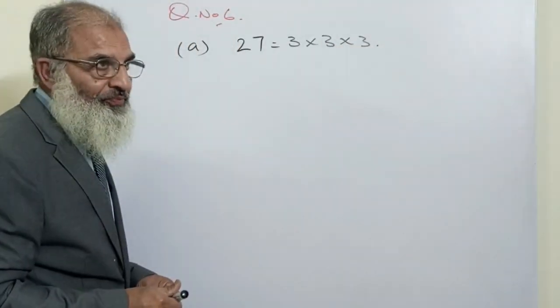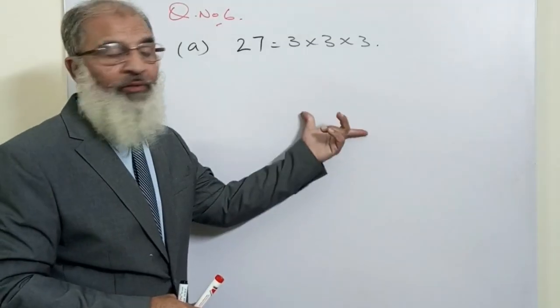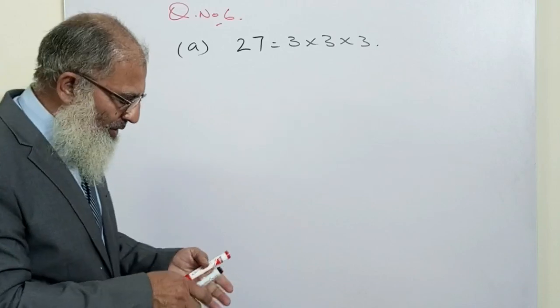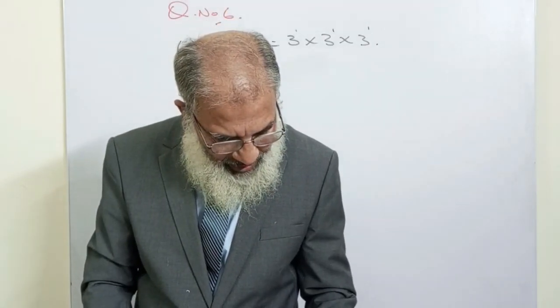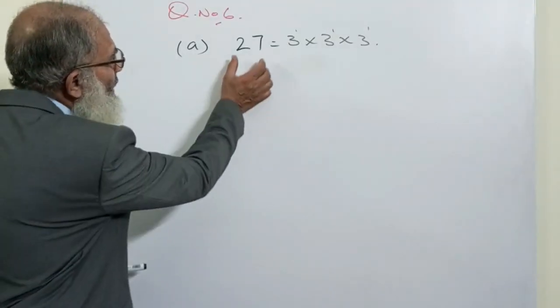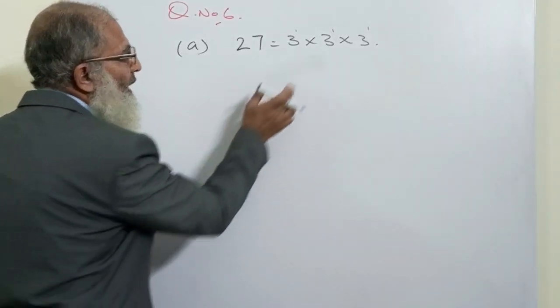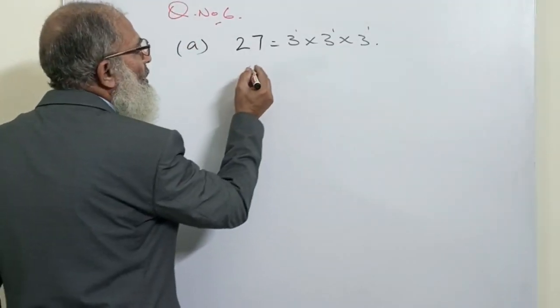The writer has asked us to show our working: this is 27, and this is 3 times 3 times 3. Now I have to find the cube root of each of the following numbers. Here we are with 27, and we have to write it in this way.